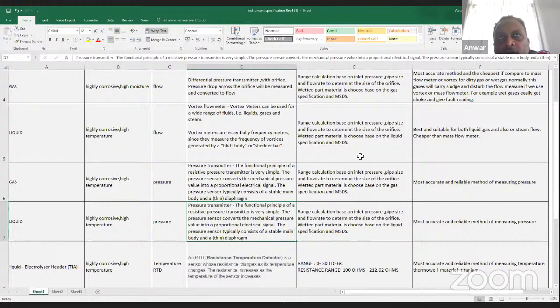So you need instrumentation to measure the final product quality. So that will be the first critical parameter that we look at: where this instrumentation is and what it is measuring.